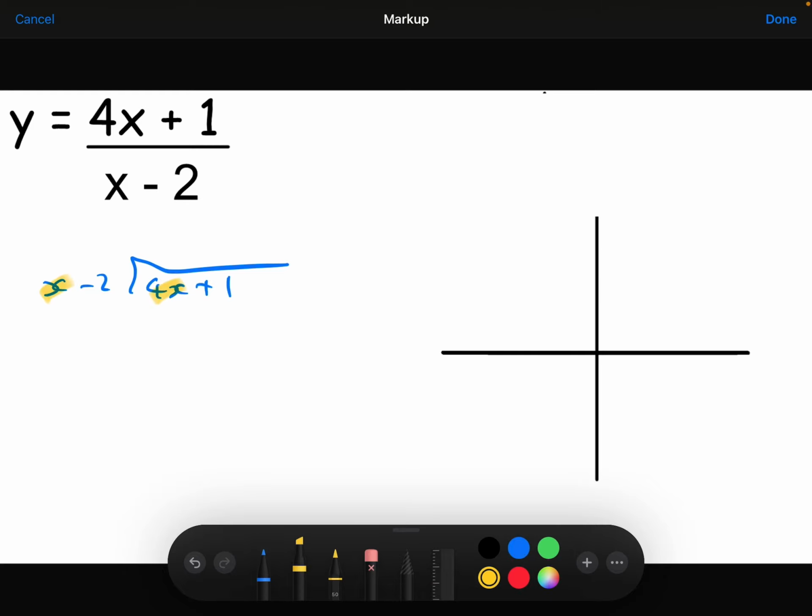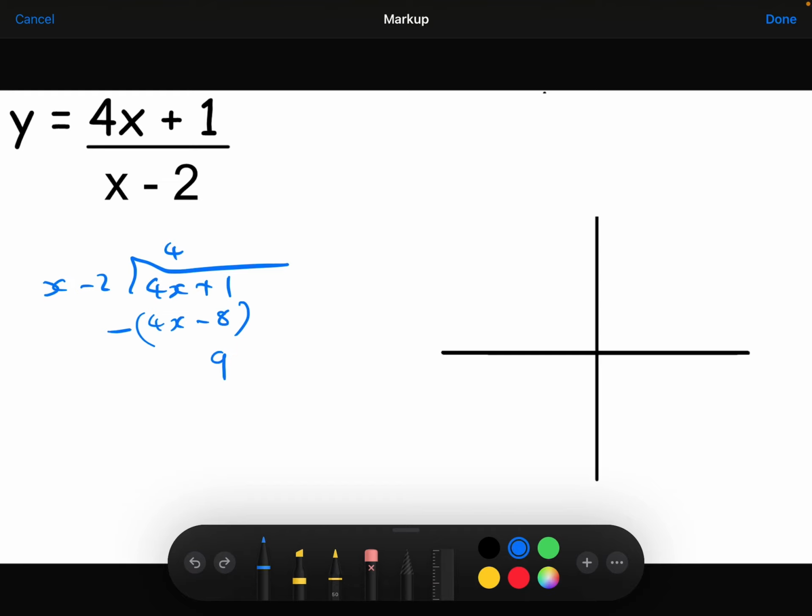x goes into the 4x 4 times, and then multiplying out, the 4 times the x is 4x, the 4 times the minus 2 is minus 8, taking that away, we see that our remainder is 9. We know that's a remainder because x is not going to go into the 9.